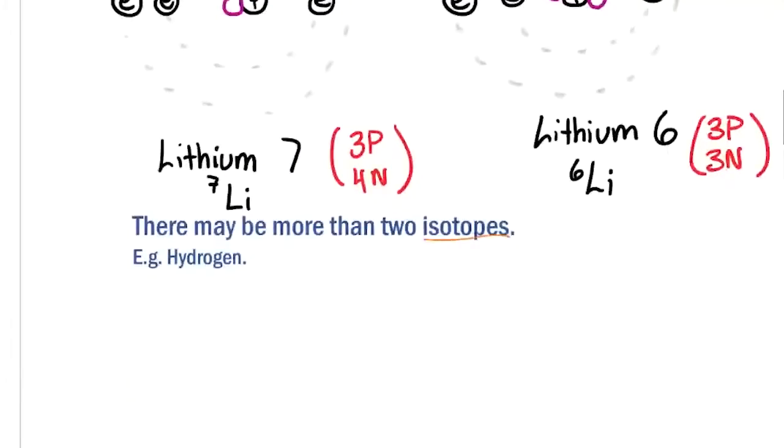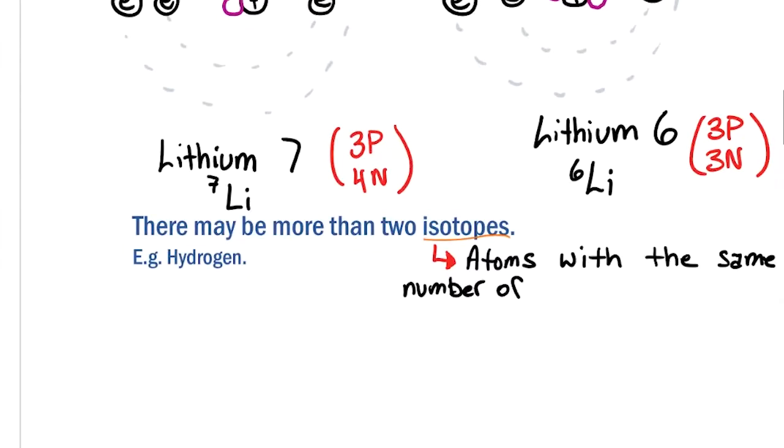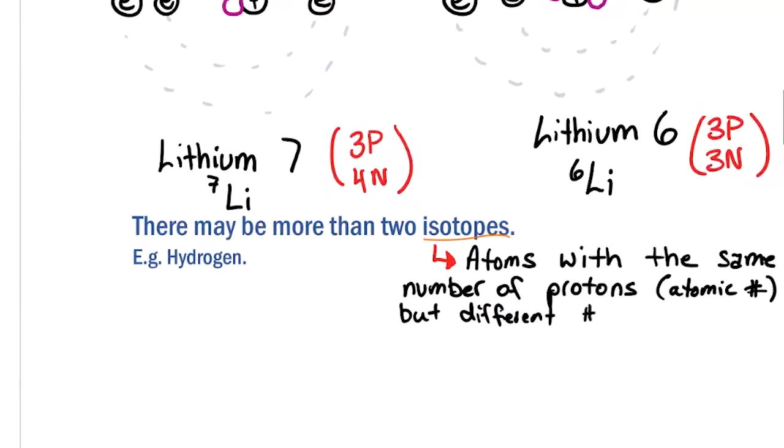And let's take a minute and define this term. Atoms with the same number of protons, and we call that the atomic number, but different number of neutrons are called isotopes.